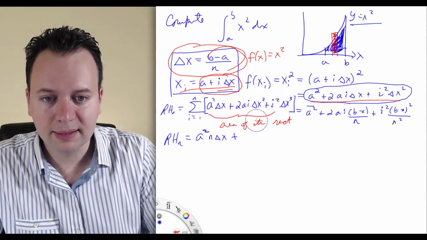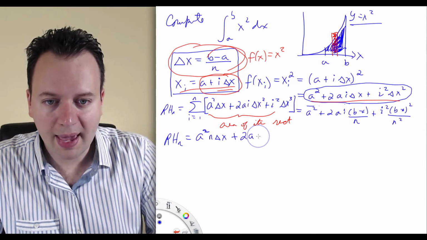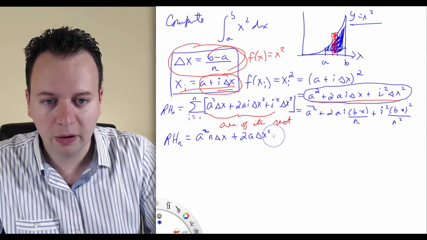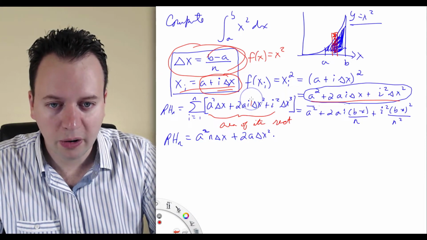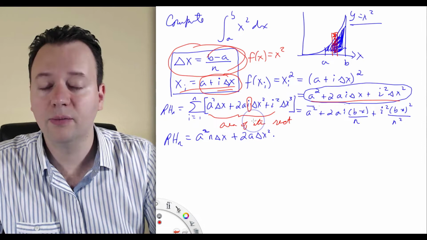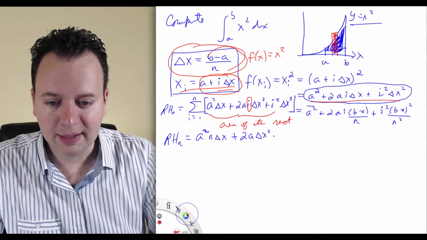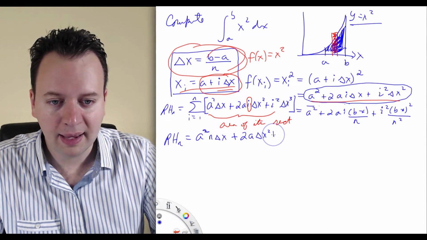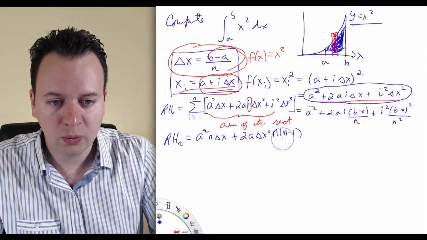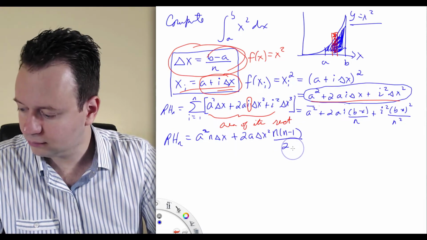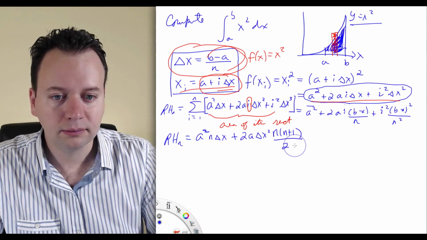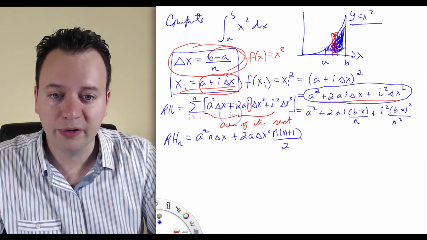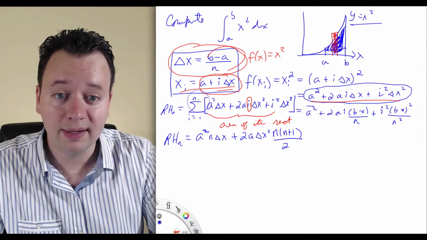And then plus 2a delta x squared times the sum of i. Now when I sum i from 1 to n, I get n minus 1 over 2. Actually, n plus 1 over 2. So this part here just represents the sum of i from 1 to n.